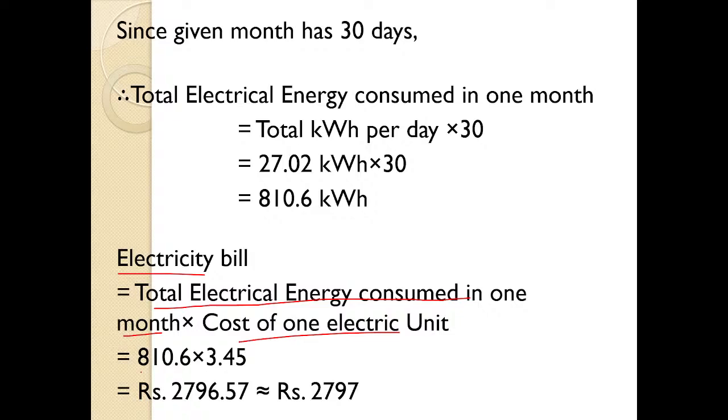How much is the energy consumed per month? 810.6, and what is the cost? 3.45. You just multiply these two, and you will get rupees 2796.57 approximately. You can round it off, and you will get 2797 as the electricity bill for these electrical goods. Just write it down.